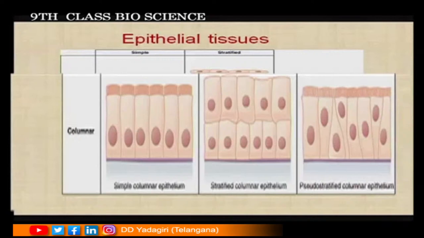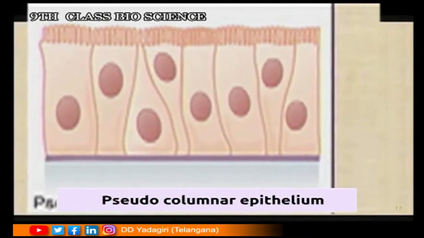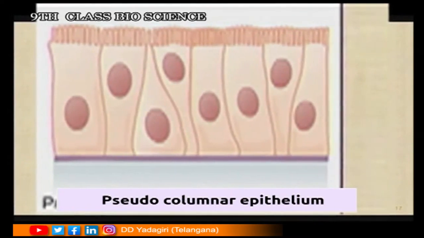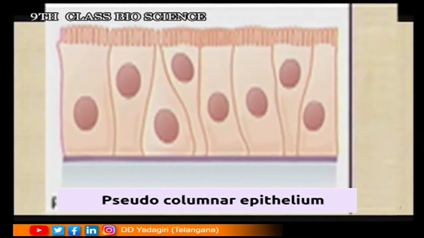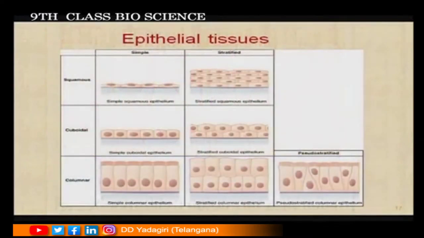And we also find pseudostratified columnar epithelium. It looks like more than one layer, but actually it is only one layer. That is the reason we call it a pseudostratified columnar epithelium.